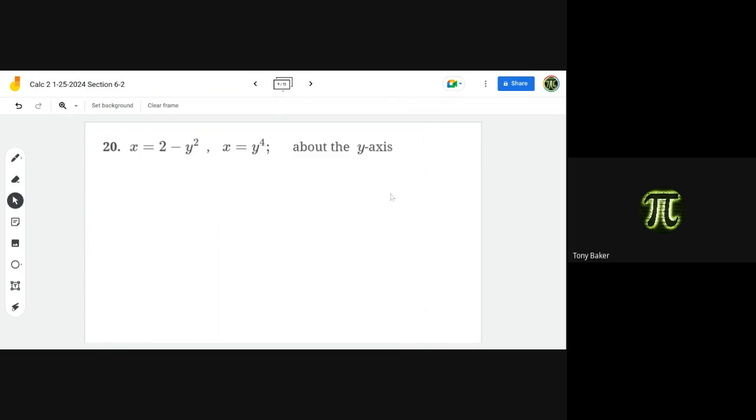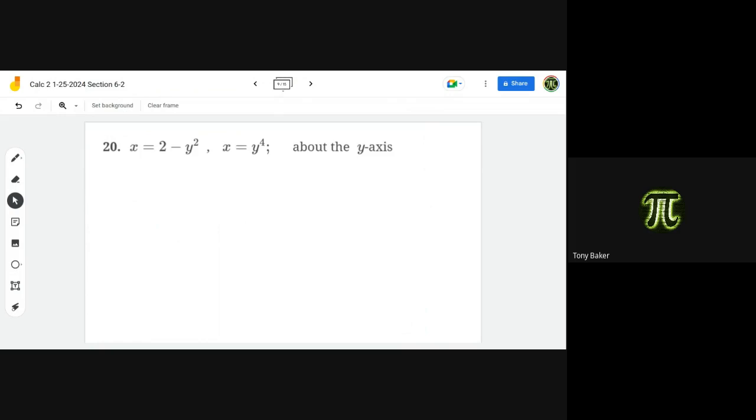All right. So this is about the y-axis. What's the first thing we have to do? Well, this is to y, so it's left and right. But yeah, we have to figure out where that's all happening.